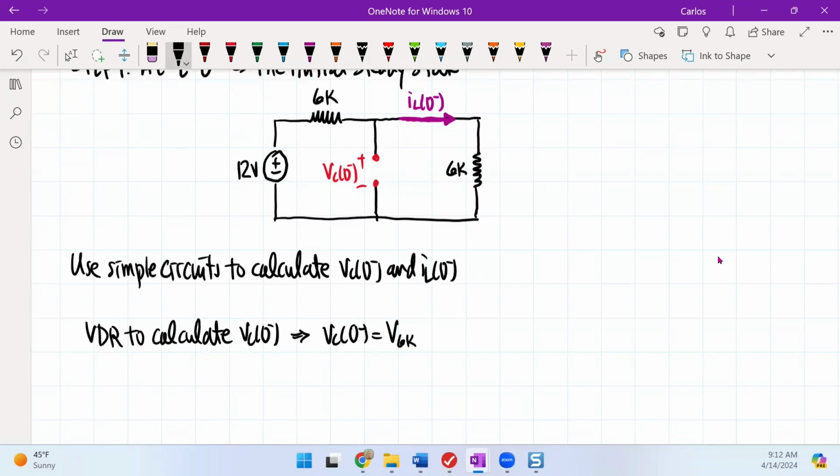So VDR says I'm just doing the outside loop, really. So this becomes 6 over 6 plus 6 times 12 volts. This tells me that this is plus 6 volts, which then tells me that the voltage of the capacitor before and after the switch is 6 volts.